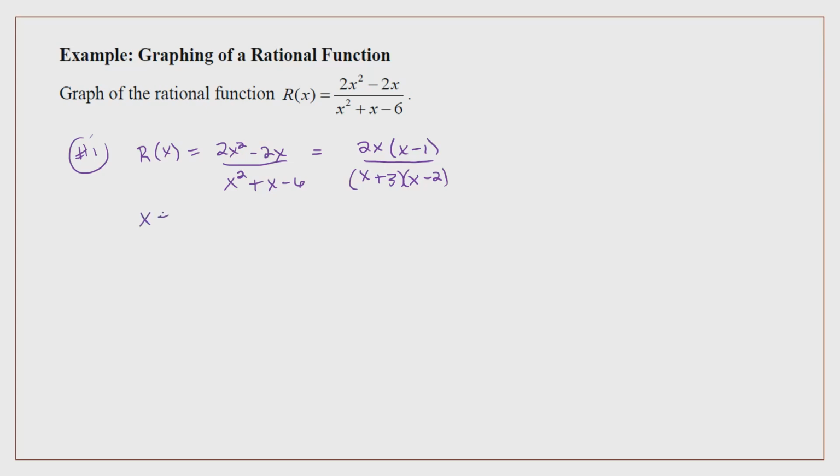So x plus 3 and x minus 2 equals 0. So x can equal -3 and x can equal 2. So our domain is going to be all x values except for when x equals -3 and x equals 2. Alrighty.